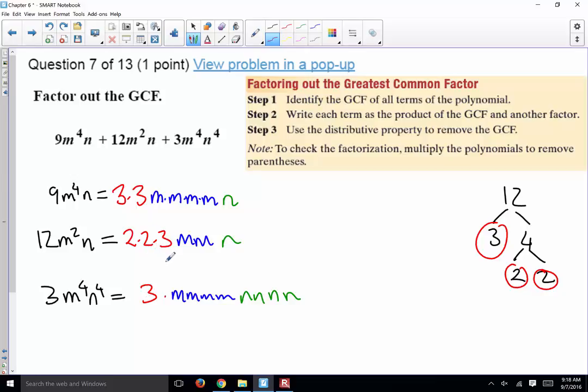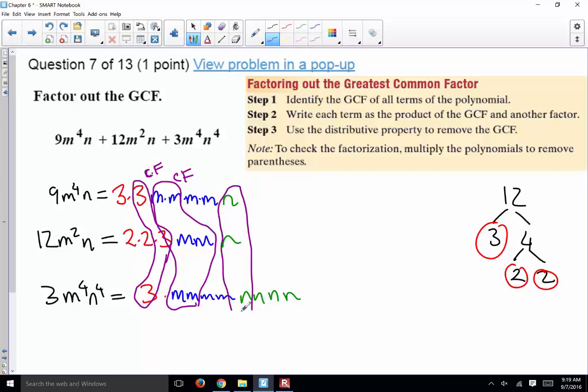Do you see 3 everywhere? I have 1, 3. That's common. Common factor, CF. What else? M's. How many M's are matching? 2 M's matching. Another common factor then. N's. How many N's matching? Single.